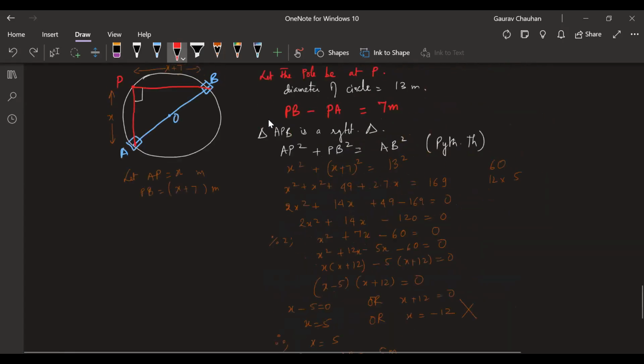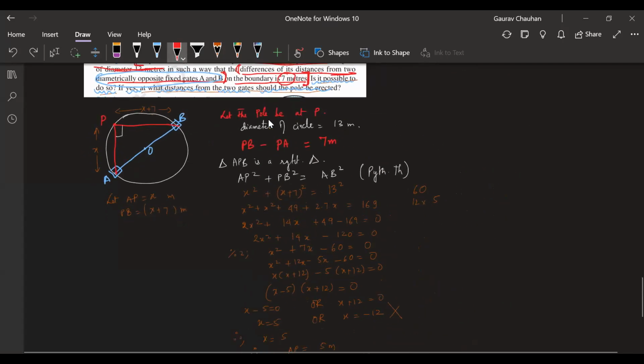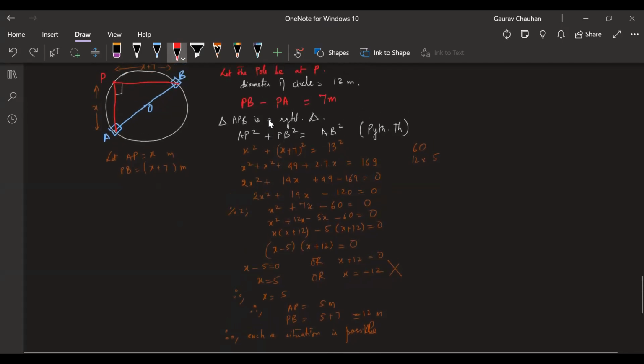How are you feeling about this question now? Fist to 5 in the chat box, please. The distances from the gates are 5 meters and 12 meters respectively. Excellent, guys.